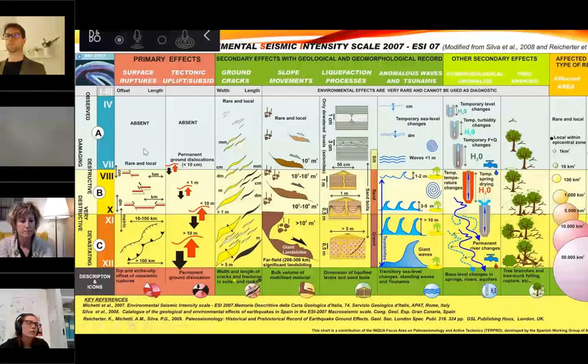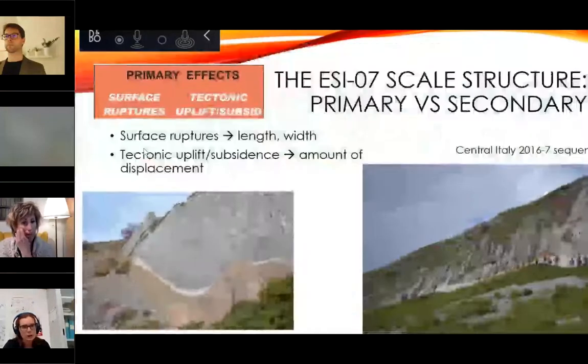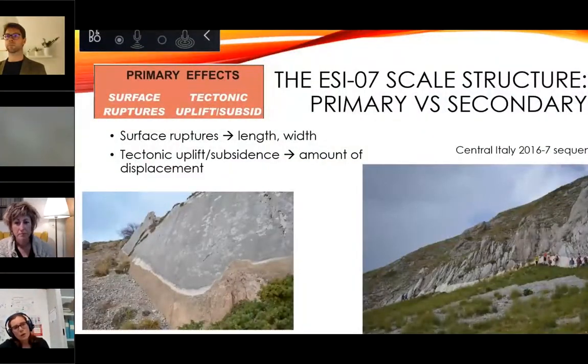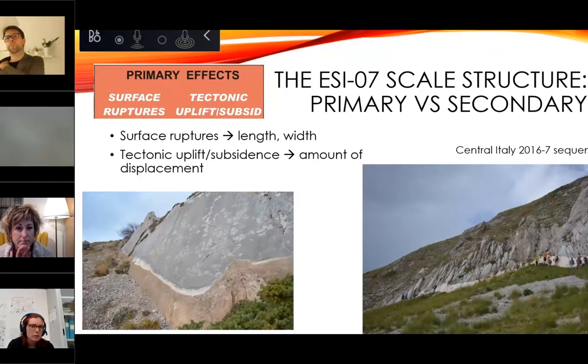So they are not present at the lower intensity degrees. Actually, if we have a blind source, so no primary faulting, nevertheless, we can still evaluate an ESI intensity degree based on the amount of tectonic uplift or subsidence, for instance, as measured using remote satellite data.